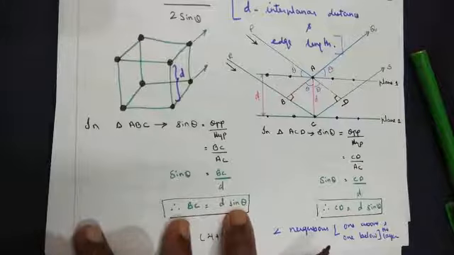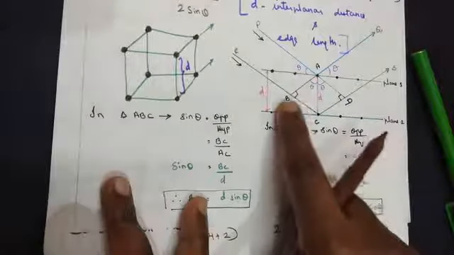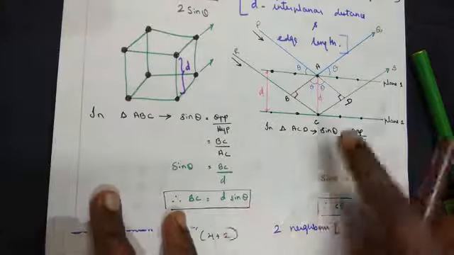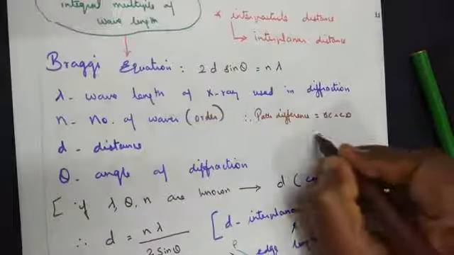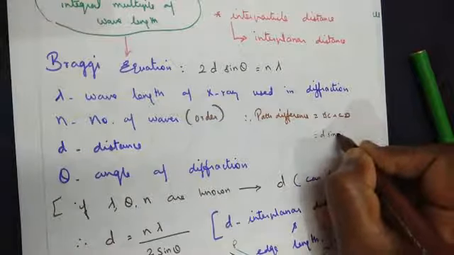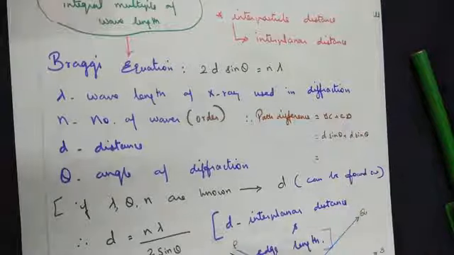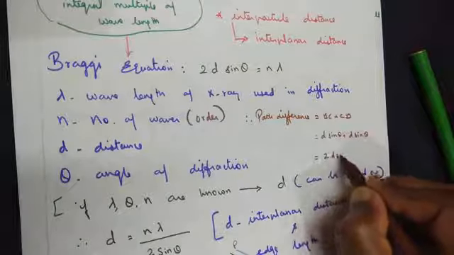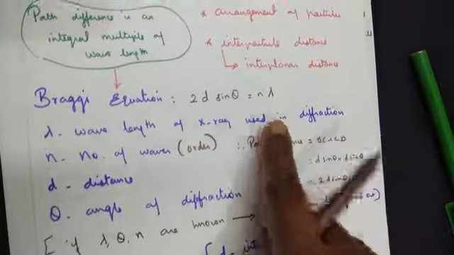We have calculated it to be D sin theta. CD value is also D sin theta. Substituting the values, we get D sin theta plus D sin theta. If we put it together, what do we get? 2D sin theta.